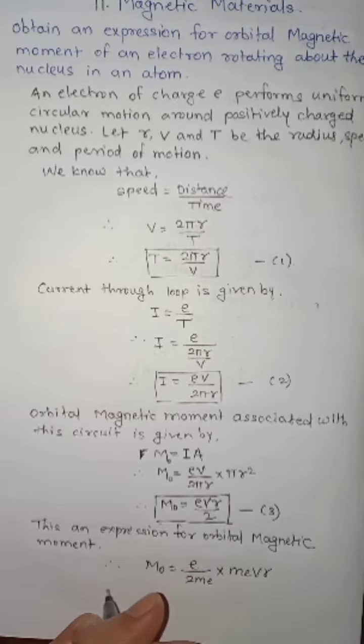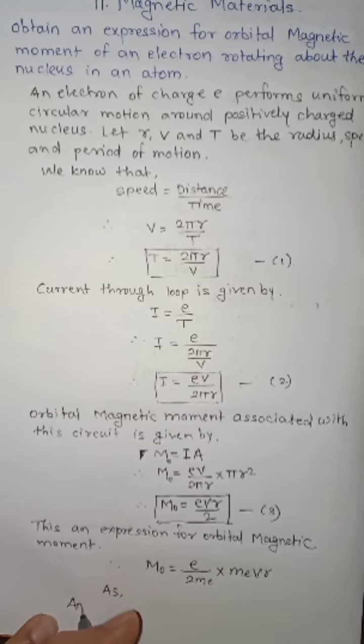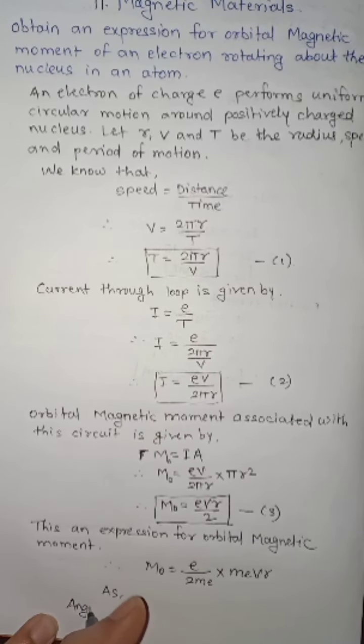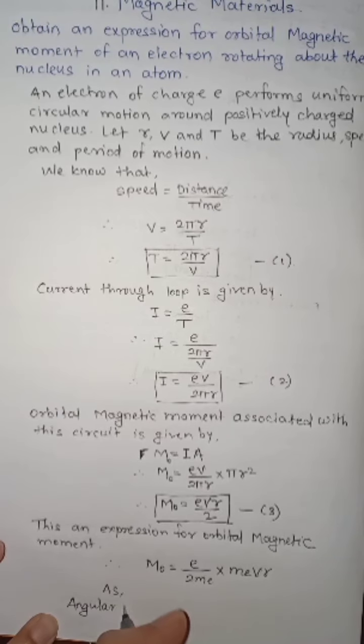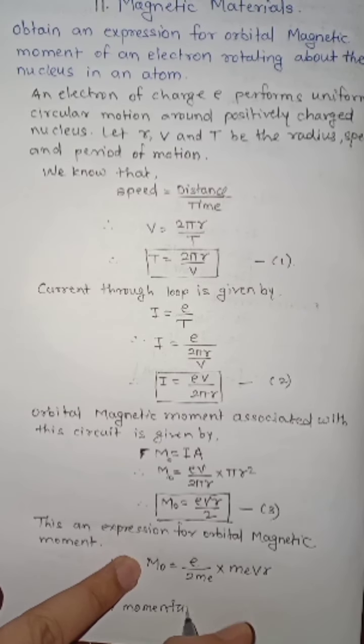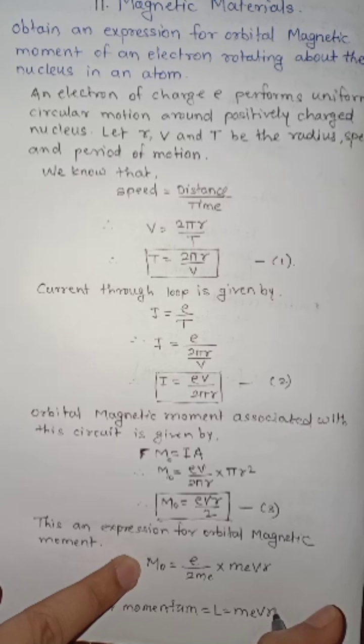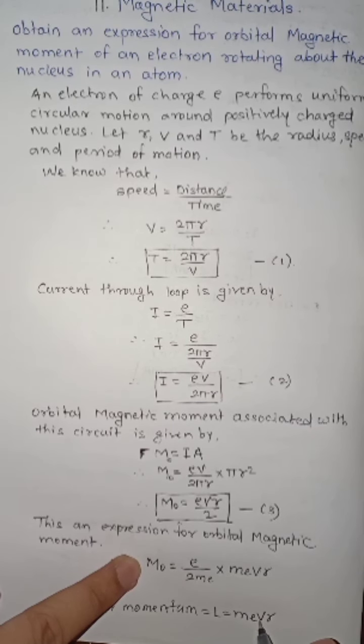As we know, angular momentum L is equal to m e v r, where m e is the mass of the electron, v is the speed, and r is the radius of the orbit.